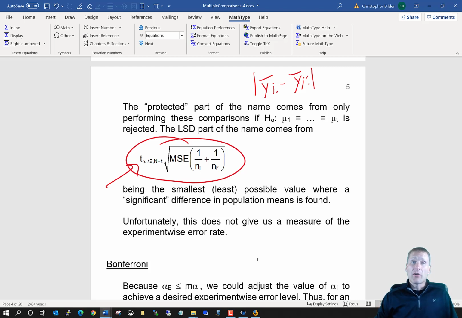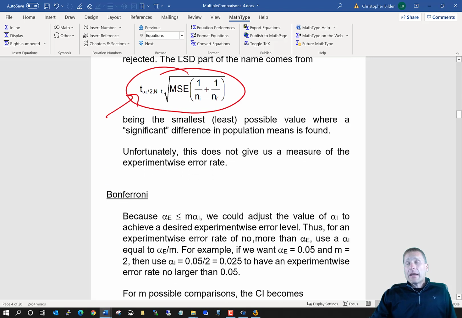This is the smallest value. So the least significant difference. That's where that name comes from. Now, unfortunately, this protected LSD method does not give us a measure of the experimentwise error rate, though. It is still widely used, but it doesn't give us a measure of that.